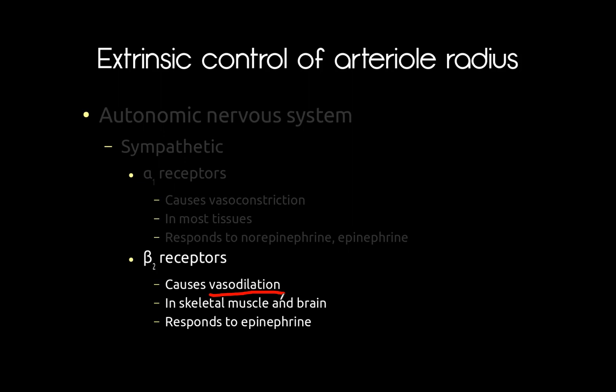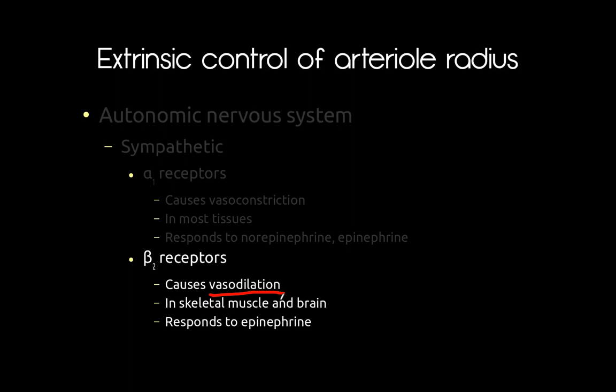Now, think about this for a second. This kind of makes sense. During high levels of sympathetic stimulation, you want to prepare your body for high activity, to run away from a bear or something like that. And so you want to increase the blood pressure throughout the body. And you're going to do that by increasing the resistance, so you need to increase vasoconstriction in most of the body. However, that's also going to decrease blood flow.